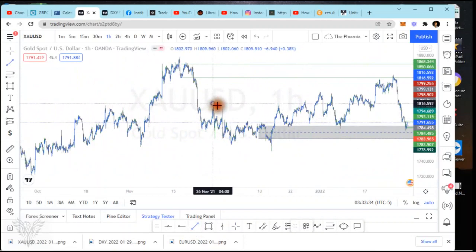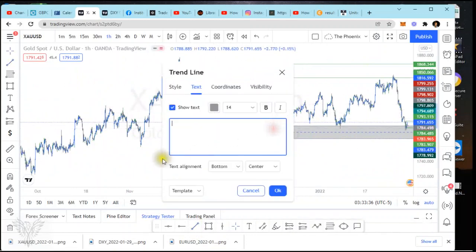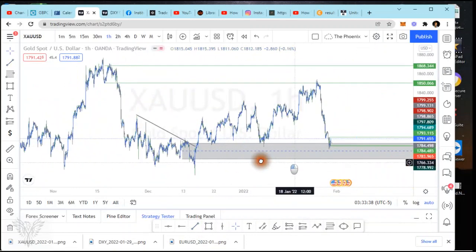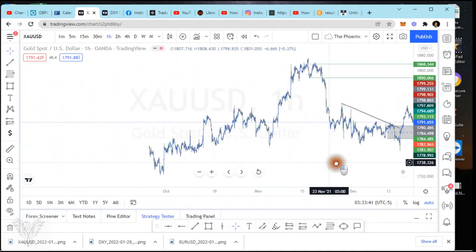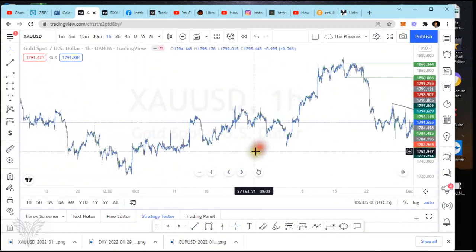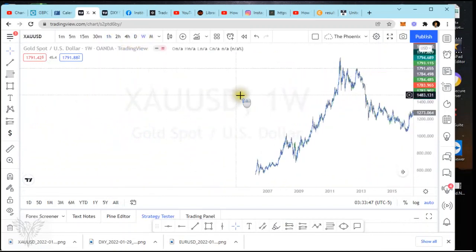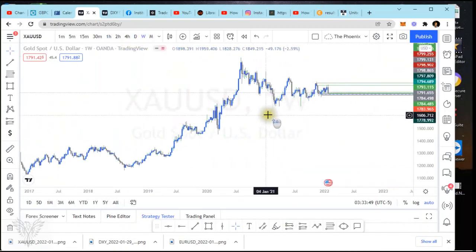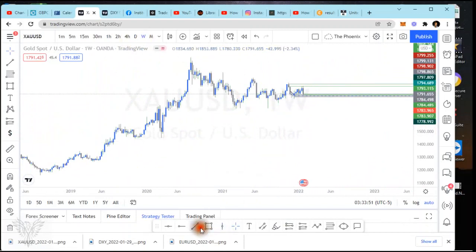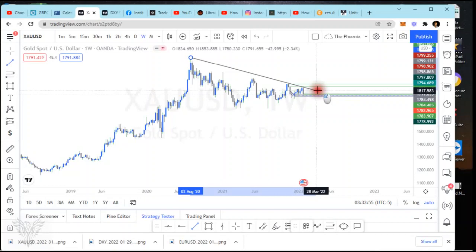And for example, here, all right, let me go on the weekly and show you something, or even the day, well, the weekly is just as fine. Trend line again. So the more touches, the more people sell.